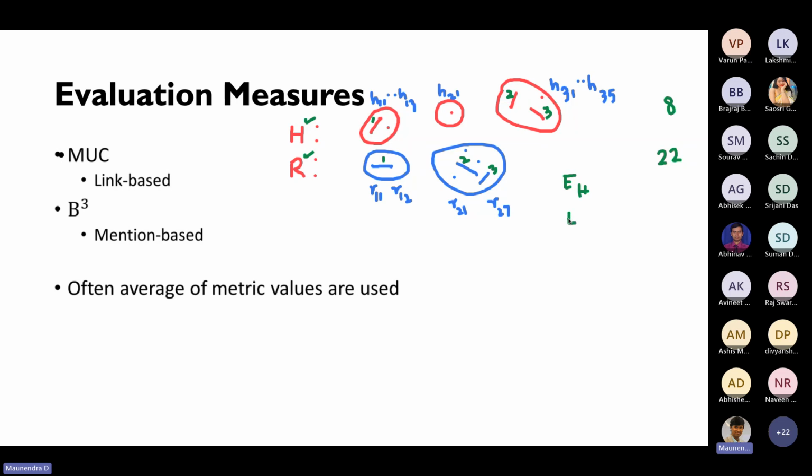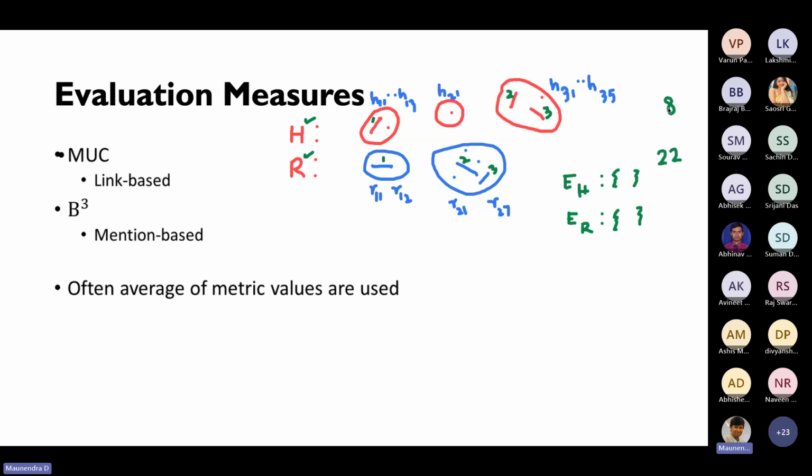And similarly, you get the edge list from R. You essentially try to compute a precision and recall based on these. So precision will be how many edges are in common between them, EH and ER, divided by how many edges are there in the prediction, which is 8.